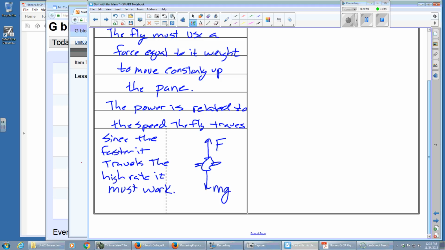To kind of bring that down to an idea, every centimeter it travels, it has to do a set amount of work. The faster it travels those centimeters, the faster it has to do that work. And power is the rate that it does that work.